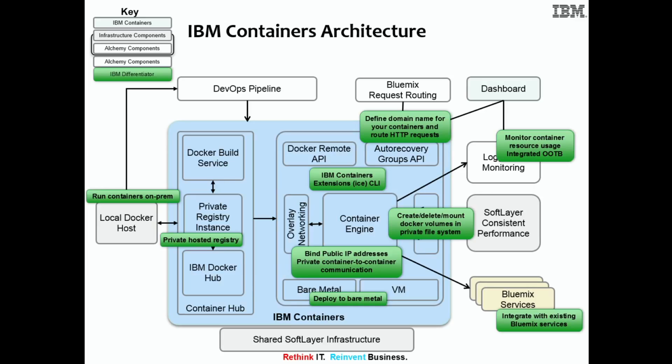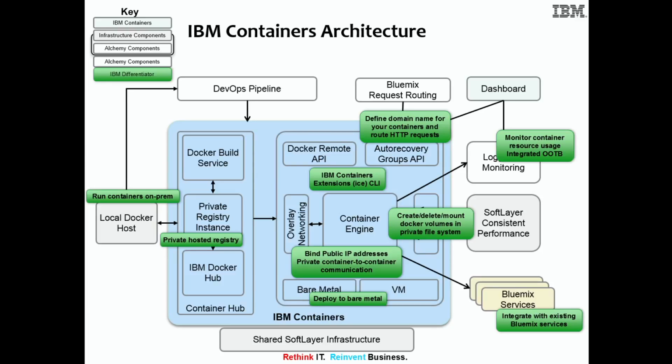This is how the architecture looks like. It is an implementation of Docker containers, Docker engine, and all this green stuff there is IBM enhancement, something that IBM has added. First of all, you can run your containers either on your Docker machine locally or in the cloud in Bluemix.